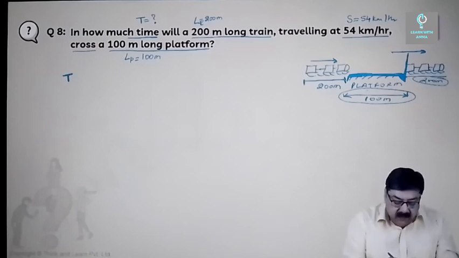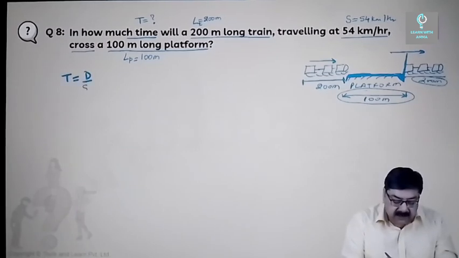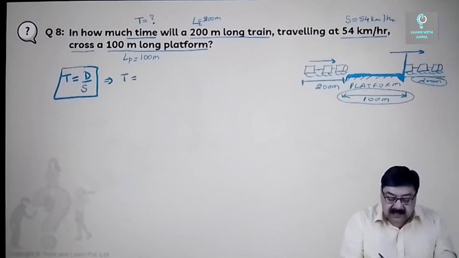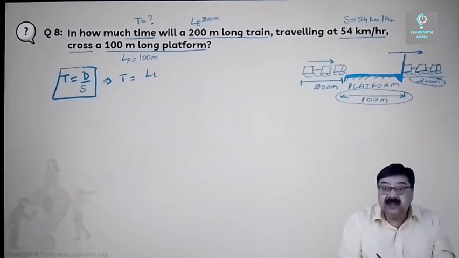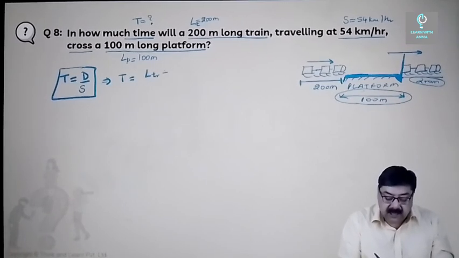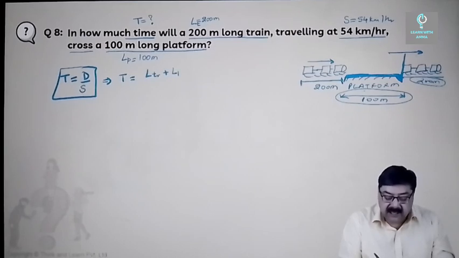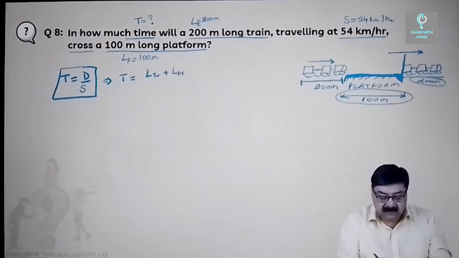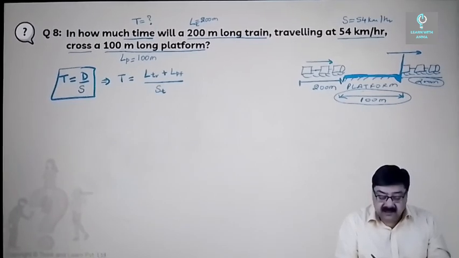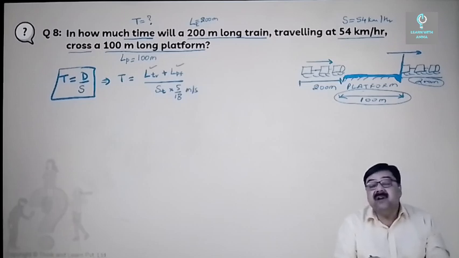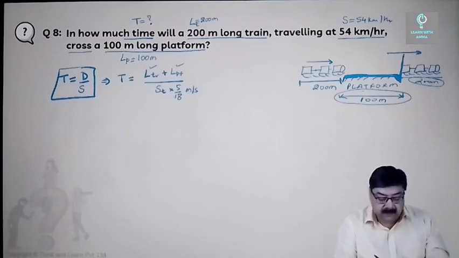So while finding out time, we know it is distance by speed, and here distance will become the length of the train plus the length of the platform. This shall be divided by the speed of the train into 5 by 18 because we need to convert it into meters per second, because the lengths of the train and platform are given to us in meters.